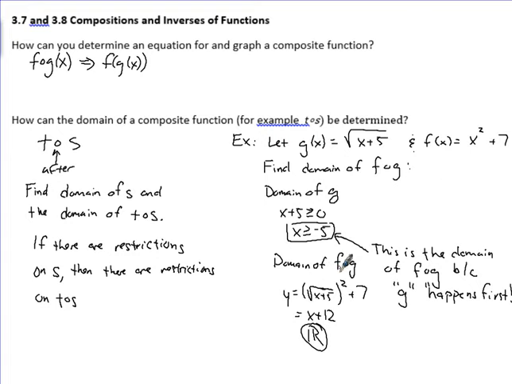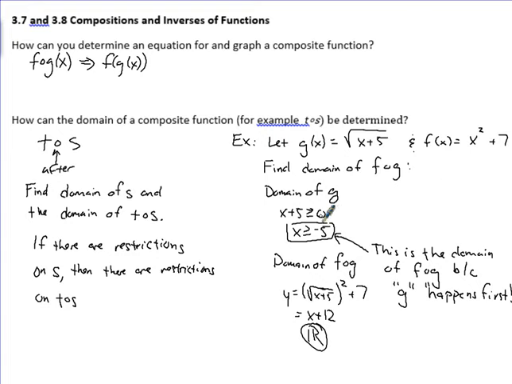Now I do f after g. When I do f after g, I'm taking all of g and putting it into f, so I'd have the square root of x plus 5, squared, plus 7. That's going to become y equal to x plus 12. Its domain is all real numbers.